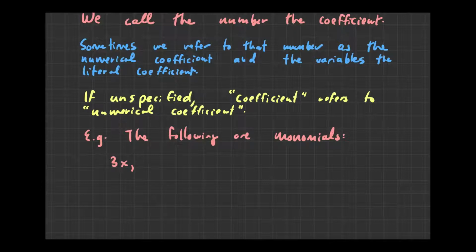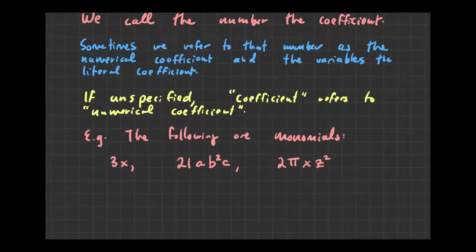This could also be another one: 21ab squared c. It's a product of a number and several variables. This is also a monomial: maybe 2 times pi times x times z squared.